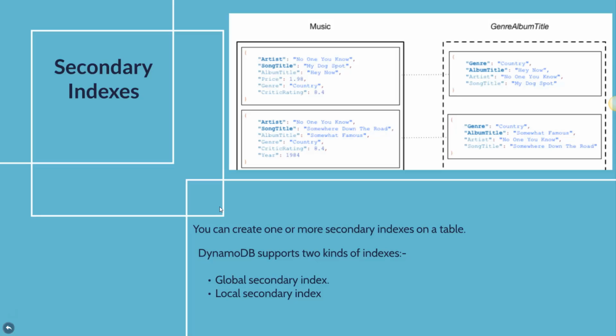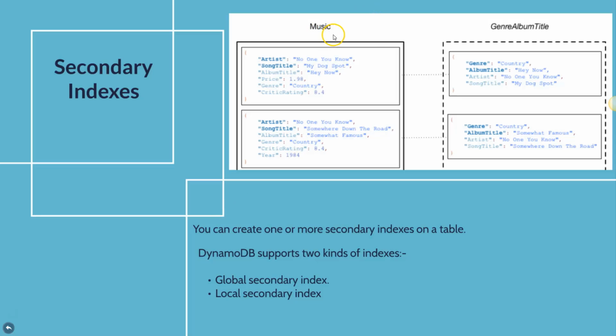DynamoDB does not require that you use indexes, but they give your application more flexibility when querying your data. After you create a secondary index on a table, you can read data from the index in much the same way as you do from the table.